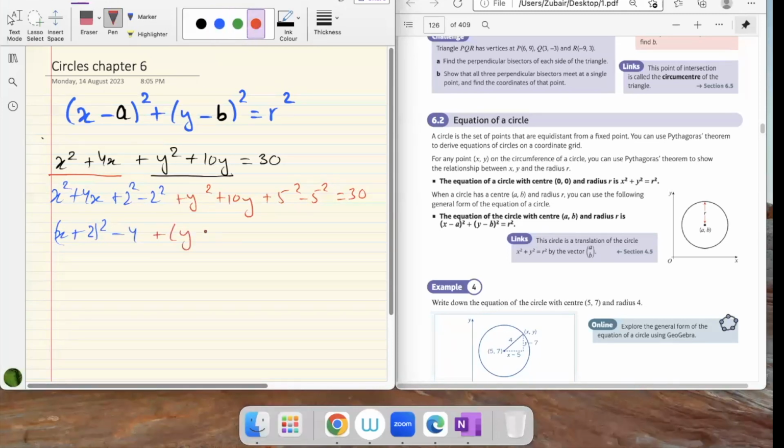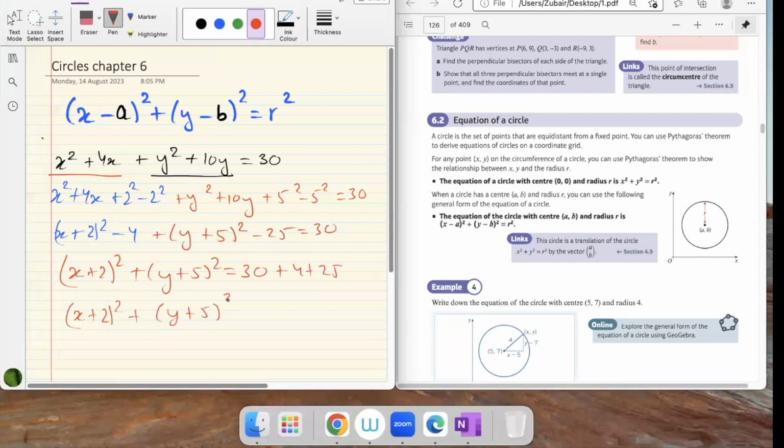Then we have (y plus 5) whole square minus 25 equals 30. So (x plus 2) whole square and (y plus 5) whole square are the completed square forms, taking 4 and 25 to the other hand side: plus 4 plus 25. So (x plus 2) whole square plus (y plus 5) whole square is equal to, adding all these, 30, 40, 50, 55, 59.